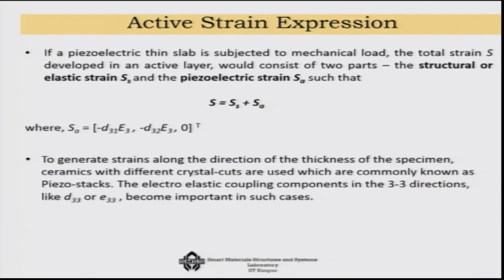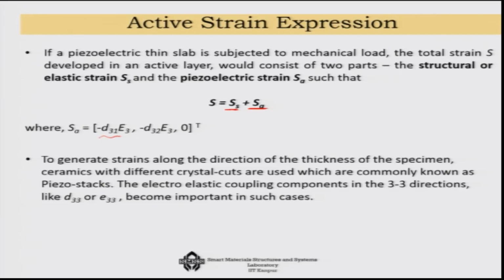Now, if we consider the strain generated in the system, the strain will have 2 parts. One is the structural strain, which happens because of the force that we are applying, and the other is the active strain.